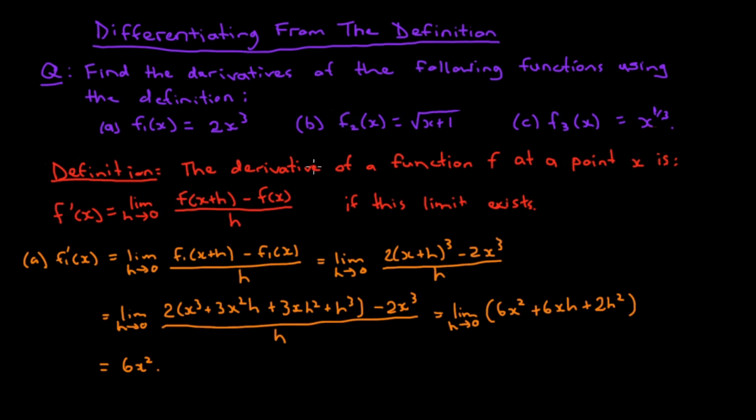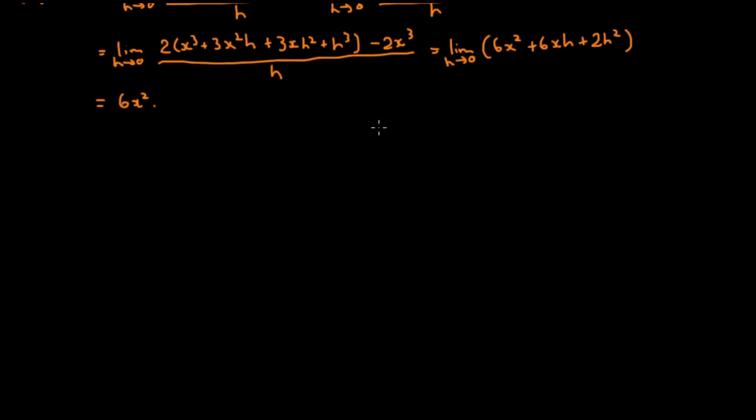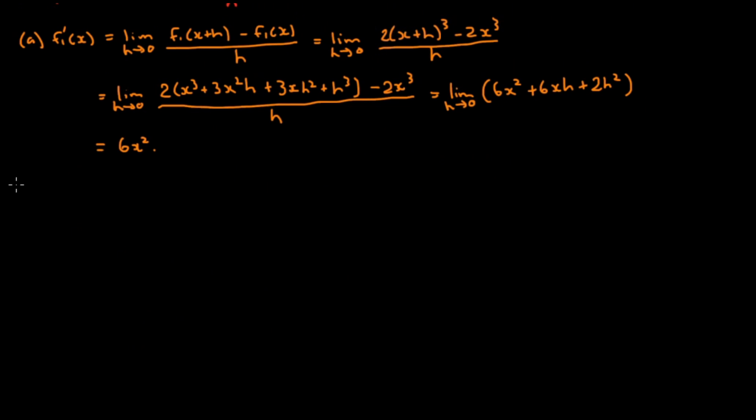So let's look at part B now. We have f2 of x equals the square root of x plus 1. So its derivative, f2 dashed of x, equals the limit as h approaches 0 of f2 of x plus h minus f2 of x all over h.